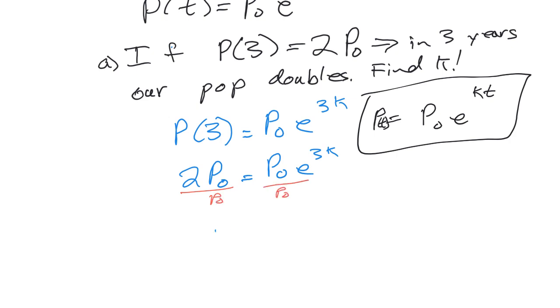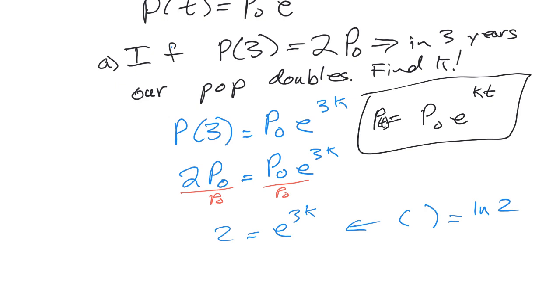So now you're left with 2 is equal to e to the 3k. Now, here is what it's telling you. I need to know what exponent is equal to the ln of 2, right?